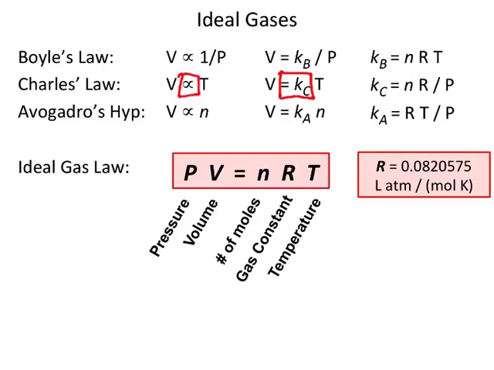So this is saying volume is equal to some constant times temperature, and that's another way of saying it's proportional to. This means what I said a minute ago, that if you double the volume, you double the temperature, etc. For the one above here, we would say this is inversely proportional to. If you double the volume, you halve the pressure. So this is proportional to 1 over the other thing.